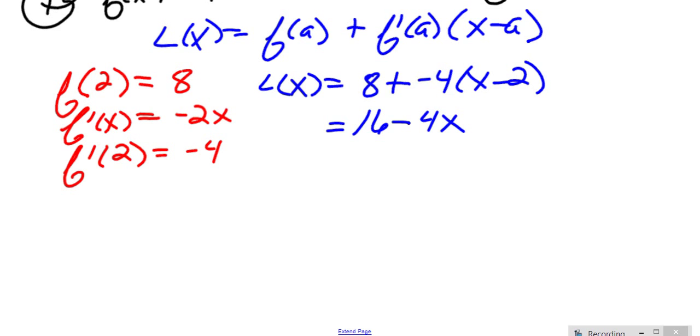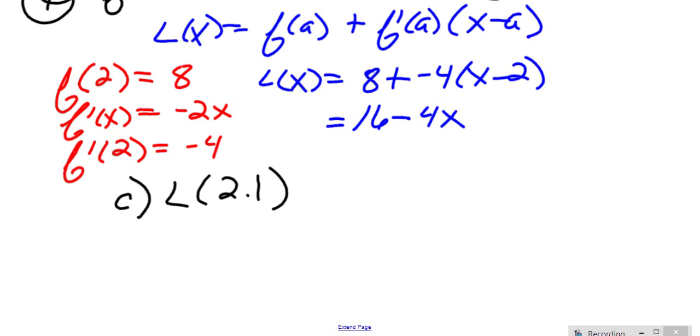Then moving on to part C, it says find f of 2.1. I'm going to use the linear approximation for that. If I plug 2.1 into the linear approximation, I've got 16 minus 4 times 2.1.